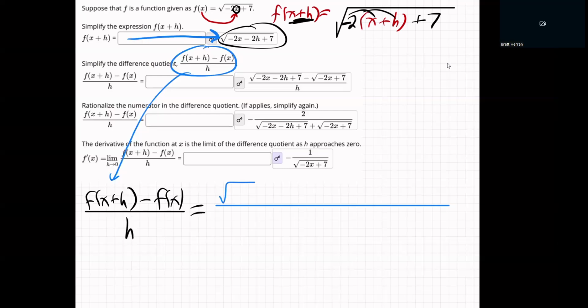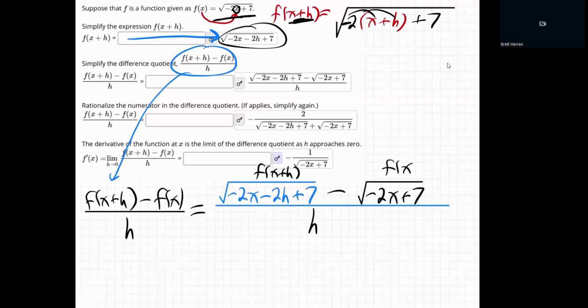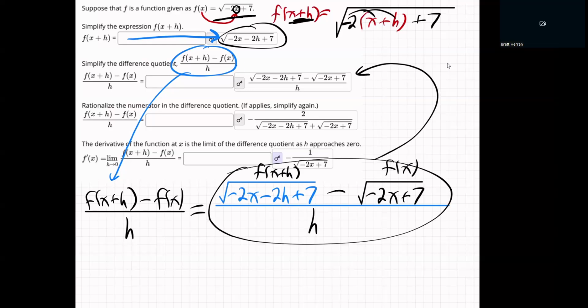So it is the square root of minus 2x minus 2h plus 7, minus f of x. What's f of x? Well, f of x is right here. So that's the square root of minus 2x plus 7, all over h. And that's it right there. I guess that's not too bad either.